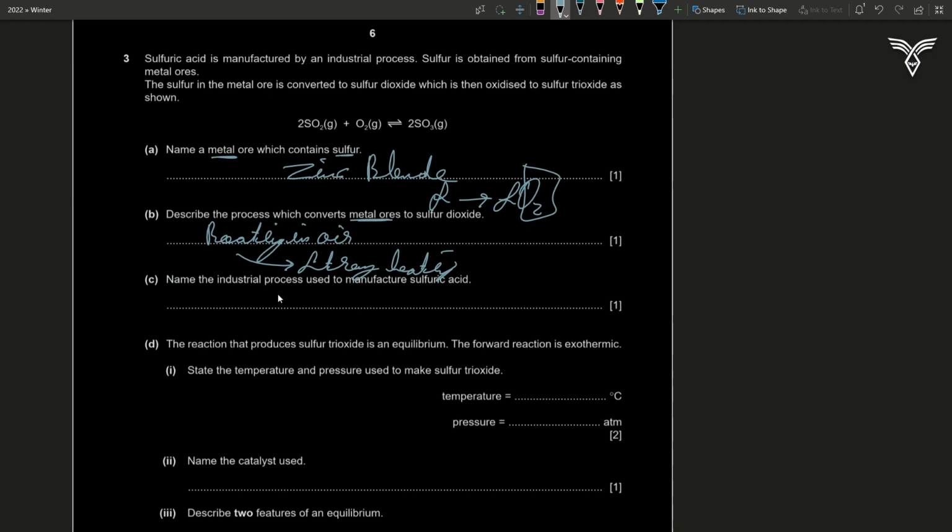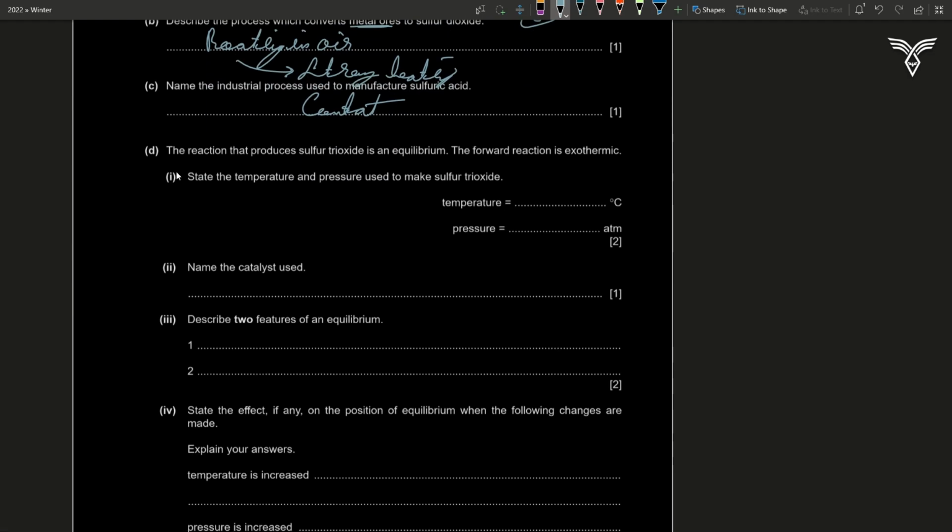Part C, name the industrial process used to manufacture sulfuric acid. As we said at the start, it's the contact process. The only two processes we have are the Haber and the contact process. Part D, the reaction that produces sulfur trioxide is an equilibrium. The forward reaction is exothermic.